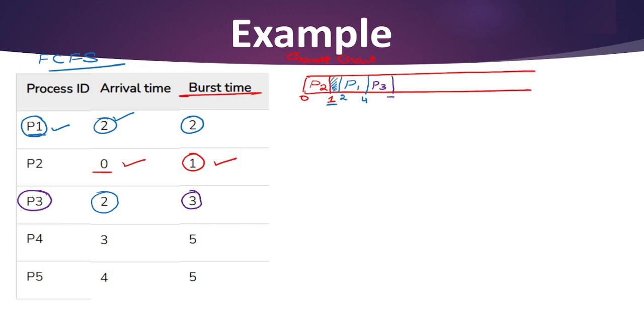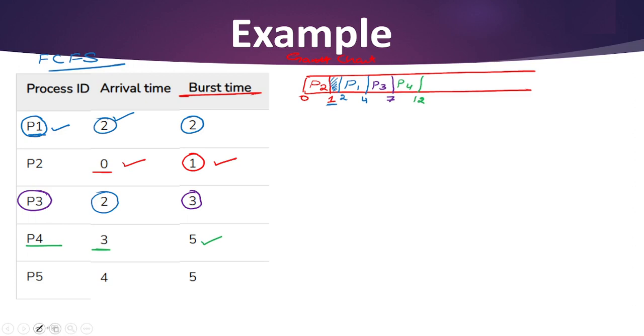So 4 plus 3 is 7. Next process we have is process P4 that enters the CPU at point 3. So after P3, let's just write P4 here. P4 wants the CPU for 5 seconds. So 7 plus 5 is 12.